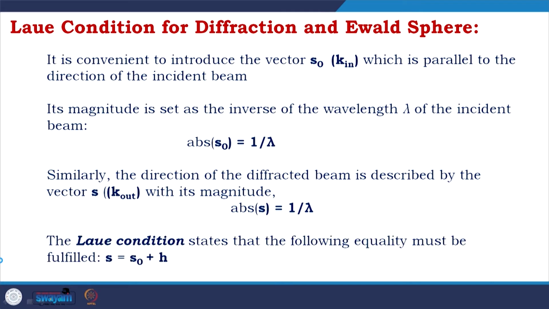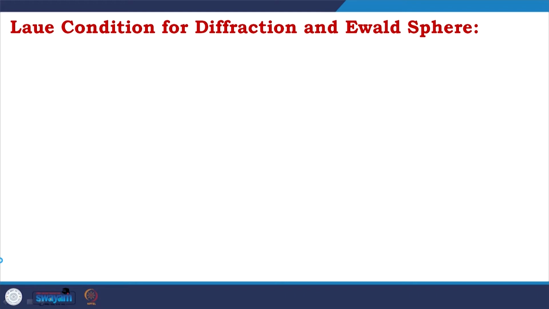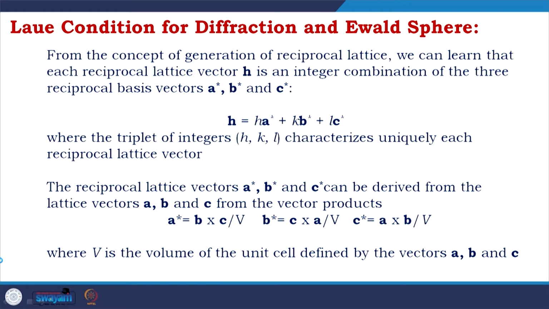The Laue condition states that the following equality must be fulfilled: S, which is the diffracted beam, equals S0, which is the incident beam, plus H, which we already talked about in the last slide, an integer combination of the three reciprocal basis vectors A star, B star and C star.